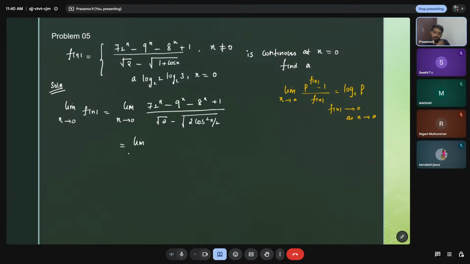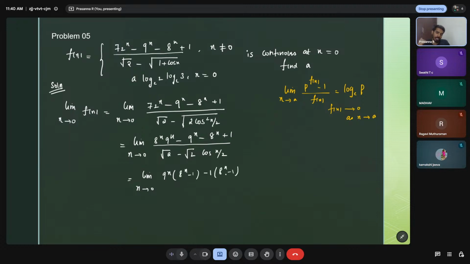is log e p, provided f of x tends to 0 as x tends to a. Right? This we discussed in the previous class. So what we will do is write 72 power x as 8 power x times 9 power x, and we have 9 power x minus 8 power x plus 1, divided by root 2 minus root 2 cos x by 2. Let us take 9 power x common here, so it will be 8 power x minus 1. And minus 1, let us take common here, 8 power x minus 1.